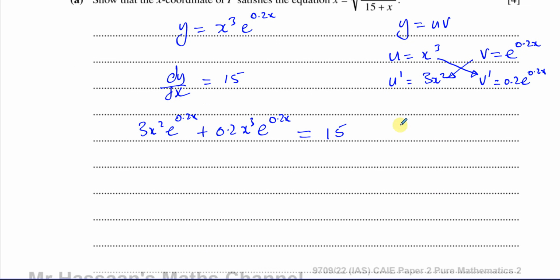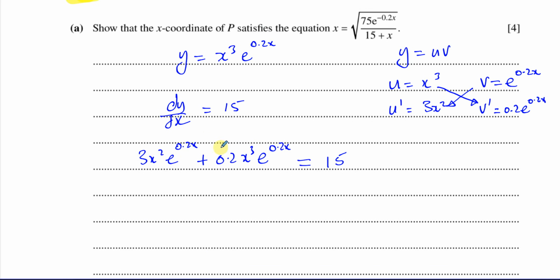Now we have to rearrange this to become the same as the given equation. They've multiplied by 5 to get rid of the fraction, since this is like 1/5. So that becomes 15x squared e to the power of 0.2x plus x cubed e to the power of 0.2x equals 15 times 5, which is 75. Now they've made x squared the subject.